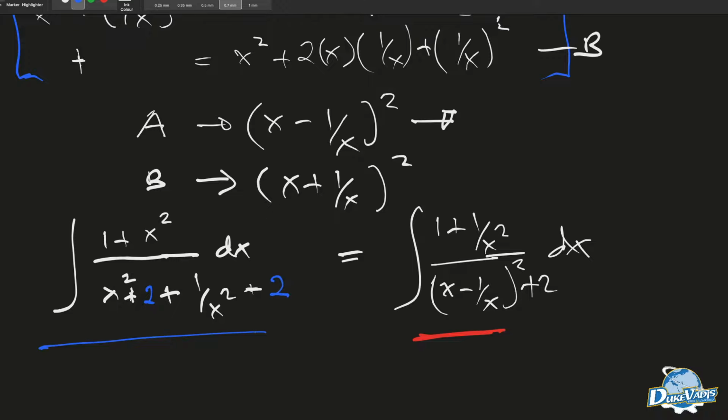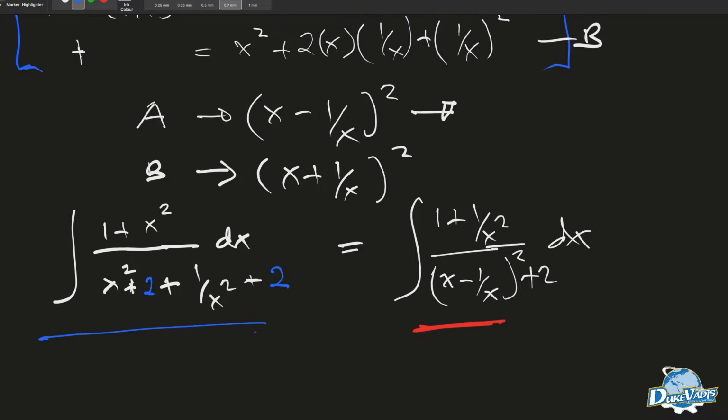Now, let's try and use the u substitution. Let u be equal to x minus 1 over x.